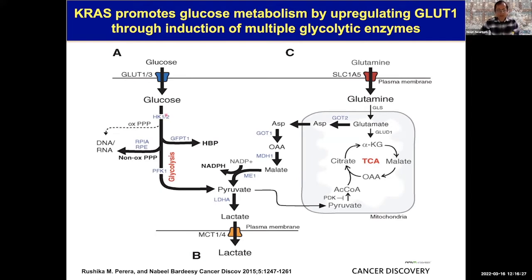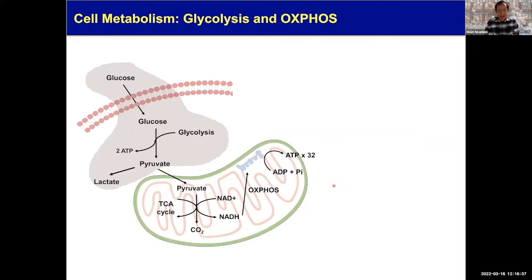As you remember from glycolysis, the purpose is to generate pyruvate, which goes into the TCA cycle to generate ATP. Now, the other side of metabolism is what we call oxidative phosphorylation, or OXPHOS.